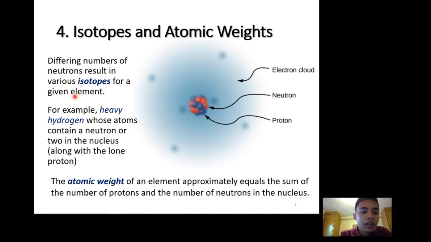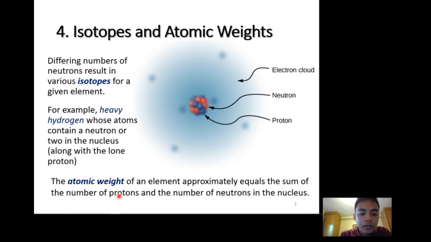If they have differing numbers, then we call these isotopes. For example, heavy hydrogen, whose atoms contain a neutron or two in the nucleus along with the lone proton. The atomic weight of an element approximately equals the sum of the number of protons and the number of neutrons in the nucleus.